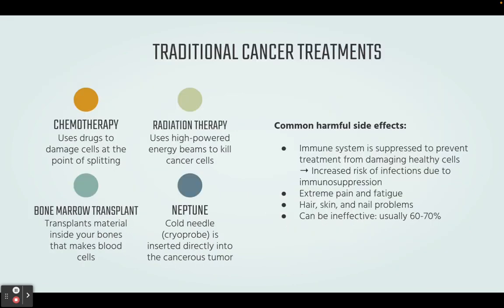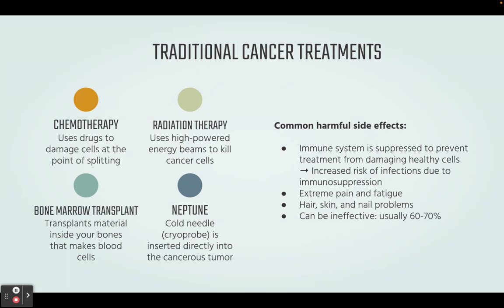So what are some of the traditional cancer treatments that are not immunotherapies? There's chemotherapy, radiation therapy, bone marrow transplant, and cold needle cryoprobe. Some of the harmful side effects of these are that it leads to increased risk of infections due to immunosuppression. Your immune system is heavily suppressed to prevent the treatment from damaging healthy cells.